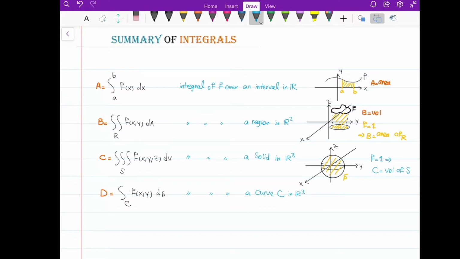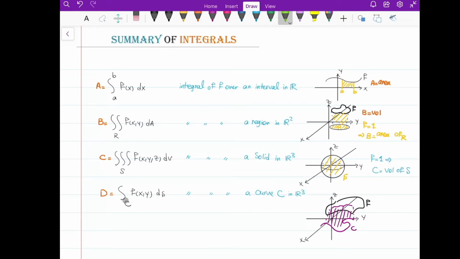Assume I have x, y, z, then I have a solid like this, f, and I have a curve like this, for example, a curve C. The integral of the function over the curve C calculates the area that is bounded above by f and below by the curve C. If I want to be more specific, this line integral is similar to the single integral, but instead of an interval, I have a curve.